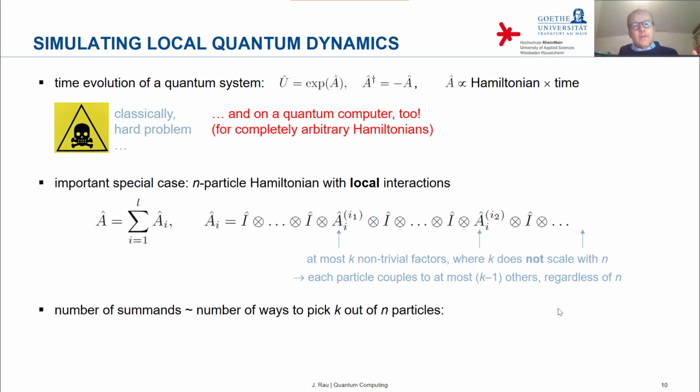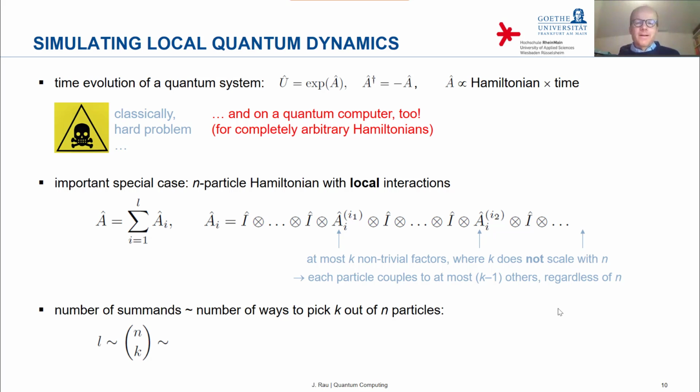Now, in general, when you have such a limitation, then in your sum you can have all possible combinations involving k out of the n particles. So the number of summands in your sum scales with the number of ways in which you can pick k particles that interact with each other out of the total of n particles.